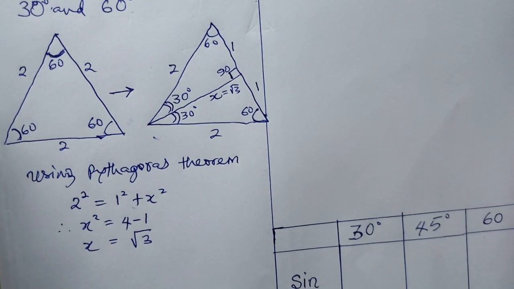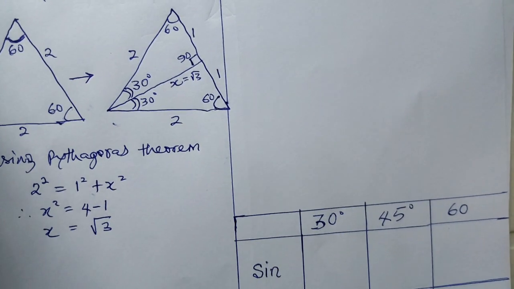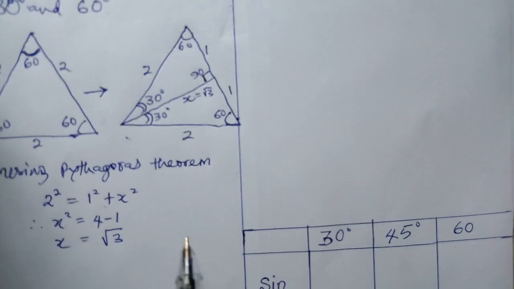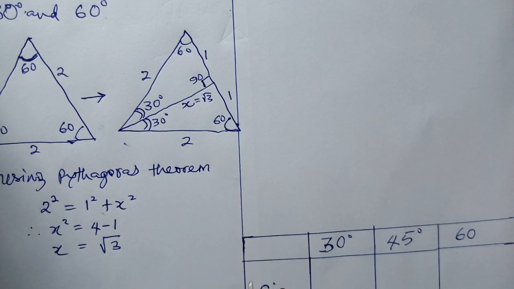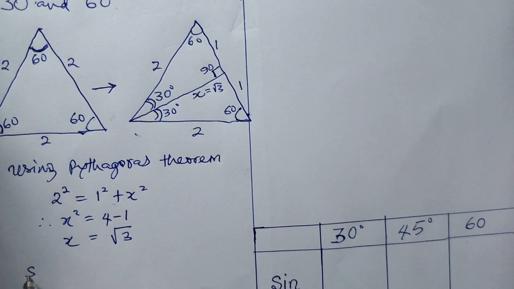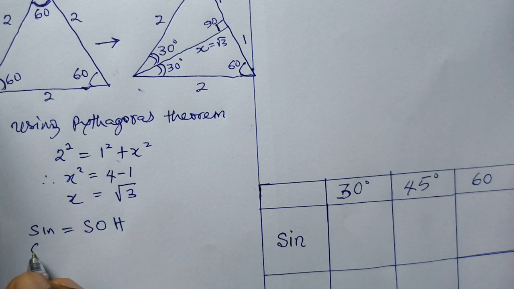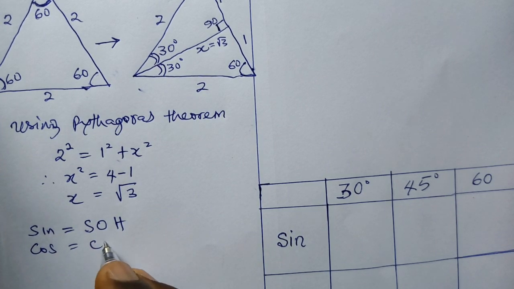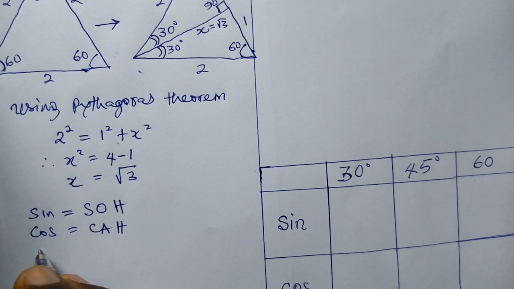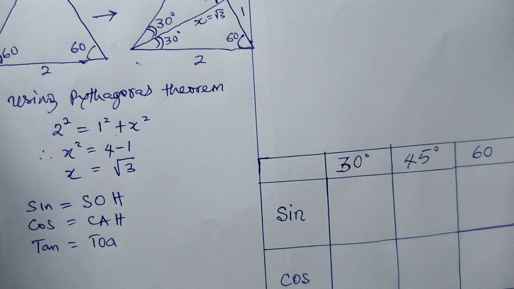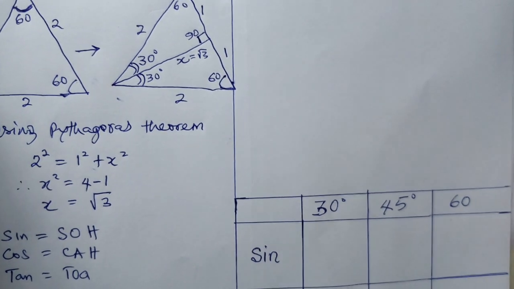Okay, now to fit in the values of these points, you see that sine is equal to opposite over hypotenuse. Cos is equal to adjacent over hypotenuse. Tan is equal to opposite over adjacent.